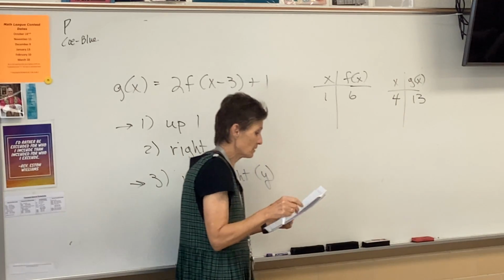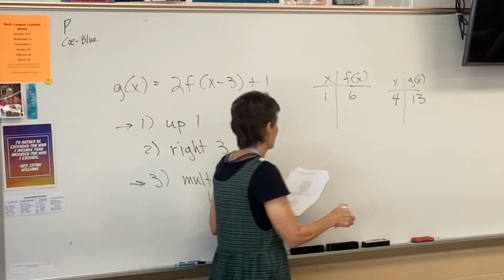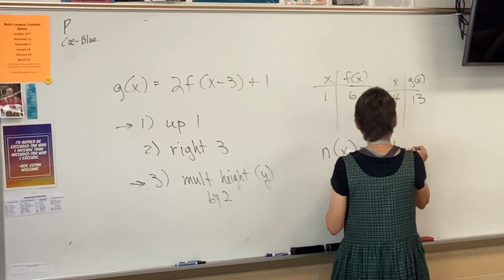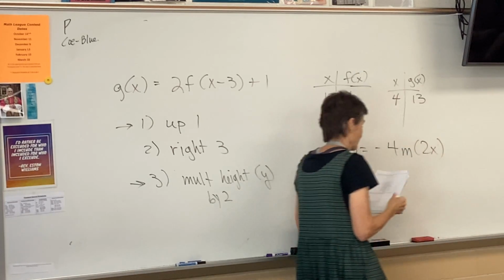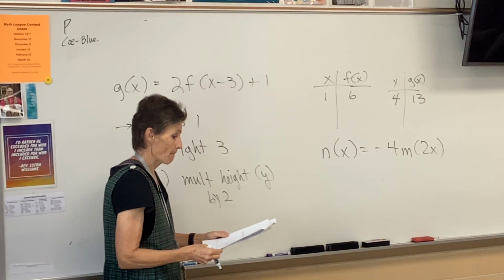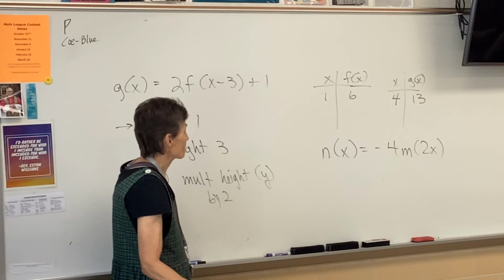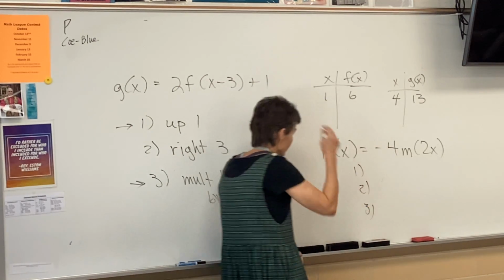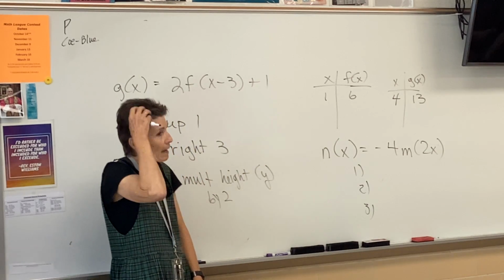Let n be a function that is a transformation of the function m, so that n of x is negative 4m of 2x. What transformations have happened? What's happened?